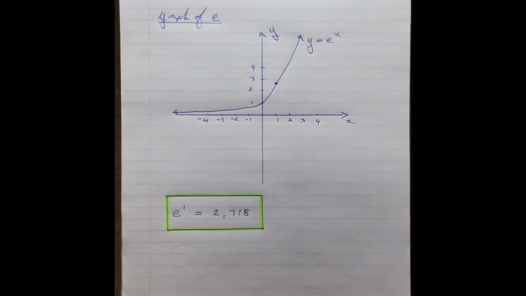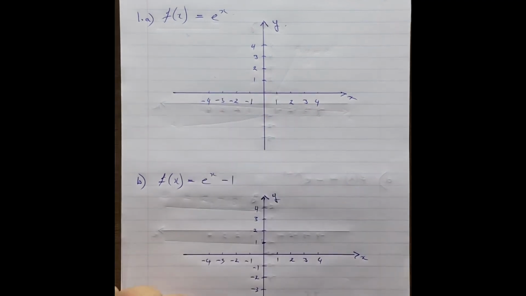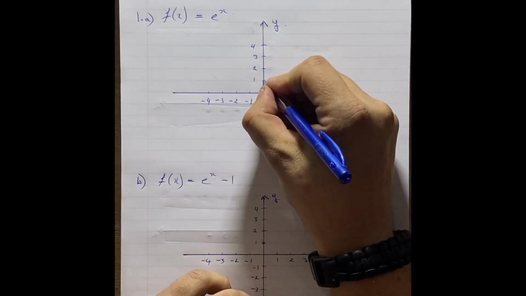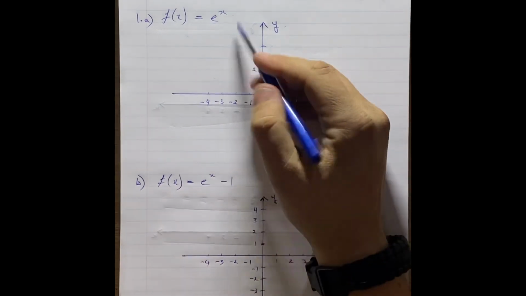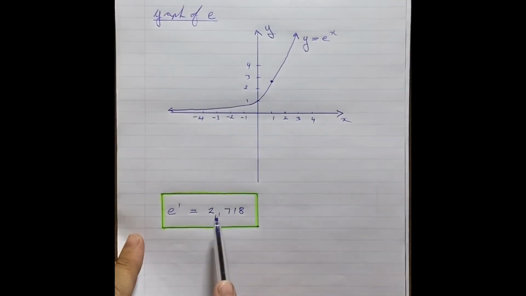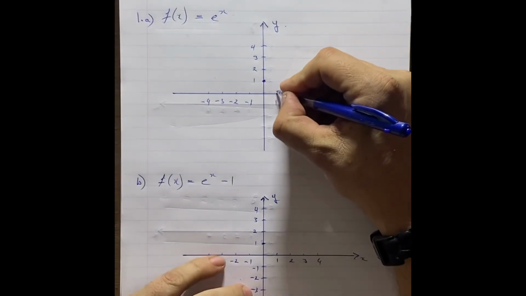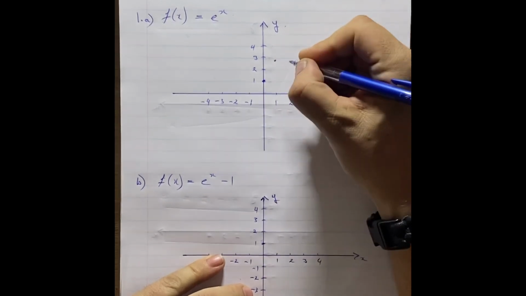So if we go to the examples, our first example is asking us to plot y is equal to e to the x. Now, first of all, if I put 0 in here, I'm going to get 1, so I know it's going to go through 1 there. Also, if I put 1 in there, we know that our characteristic point will be 2.718. So when x is 1, we'll get 2.718, which is roughly about there.